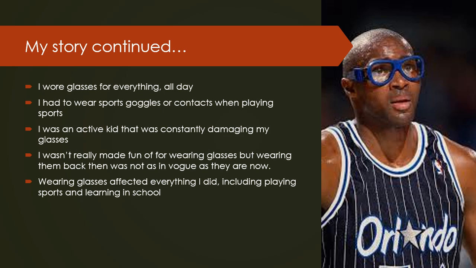Many of you around the age of 40 may remember him as a member of the Chicago Bulls championship teams in the 1990s with Michael Jordan. He was a personal hero of mine because of his sports goggles. He was known as a role player that continually matched his glasses to his team uniform. So his glass color always matched his uniform. And as a kid, I just thought that was really cool and I wanted to share that.